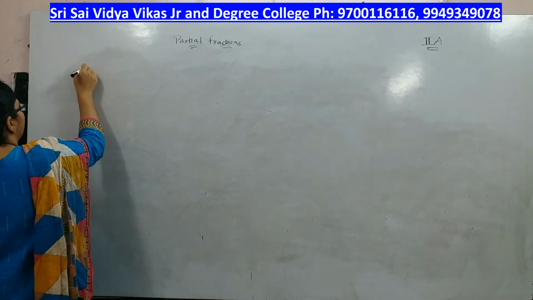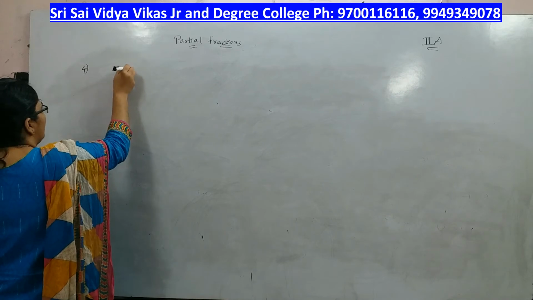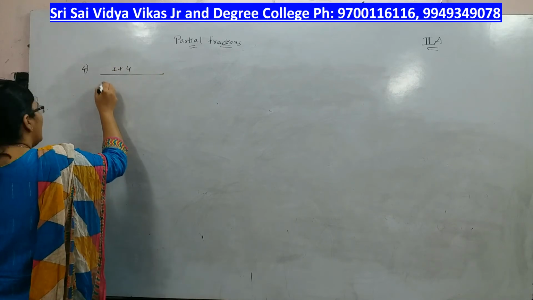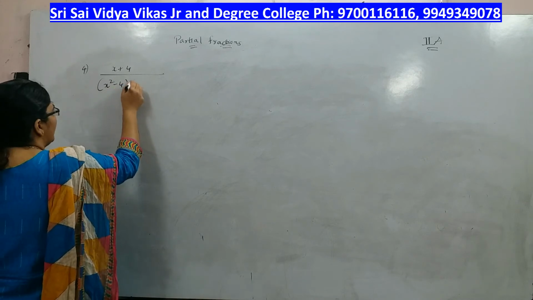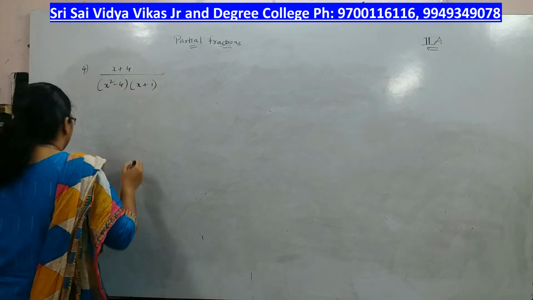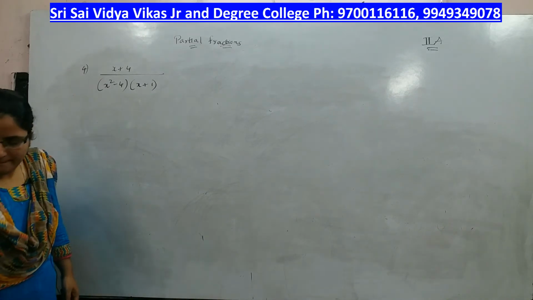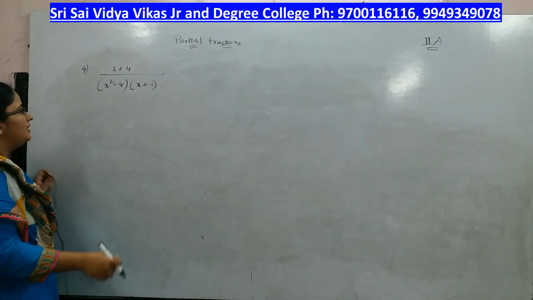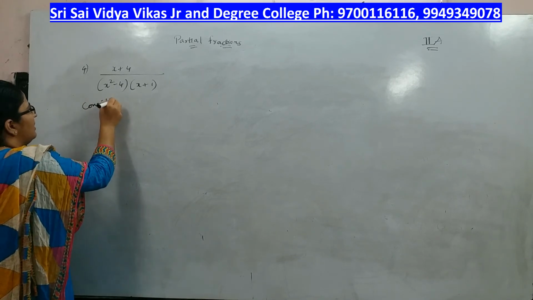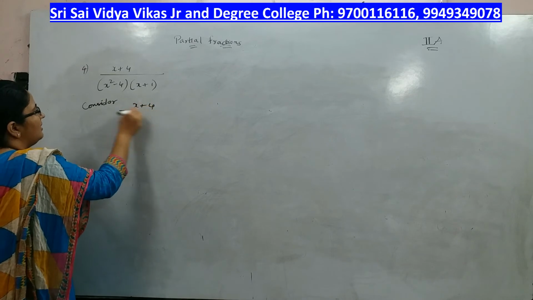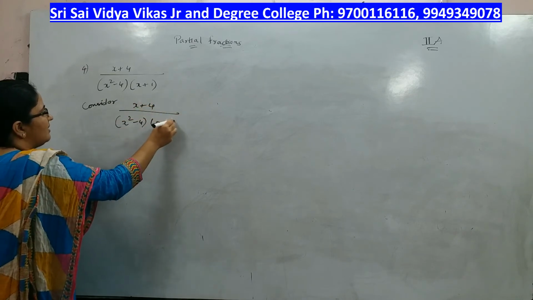Fourth one, x plus 4 by x square minus 4 into x plus 1. This is what you have. So here consider x plus 4 by x square minus 4 into x plus 1.